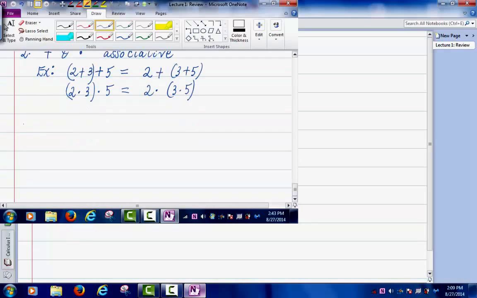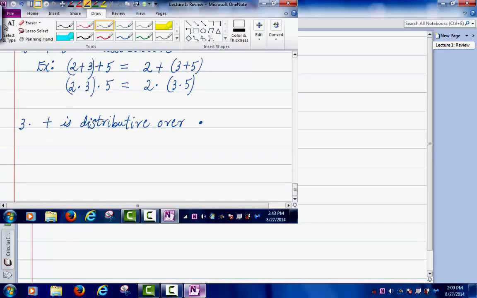Property number 3, multiplication is distributive over addition. So what does that mean? It means that if I am multiplying 2 times (3 plus 5), I can write 2 times 3 plus 2 times 5.